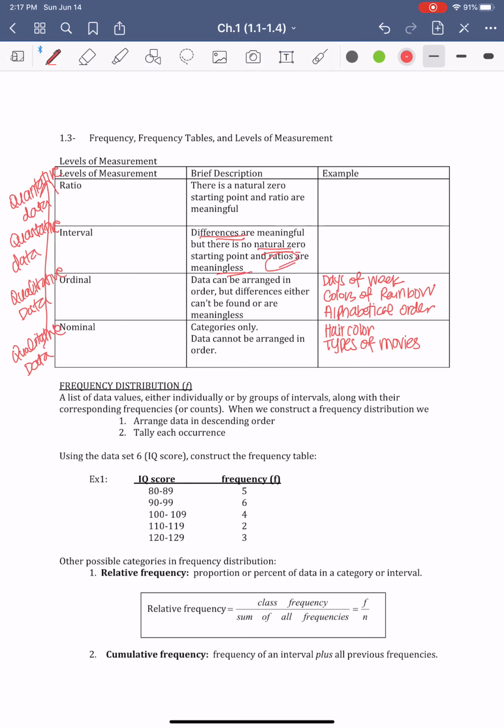Ratio means in mathematics something like twice, multiplication, or half, division. Ratio level: there is a natural zero starting point, and the ratios are meaningful. An example for interval is temperature, and for ratio, the length of an object.